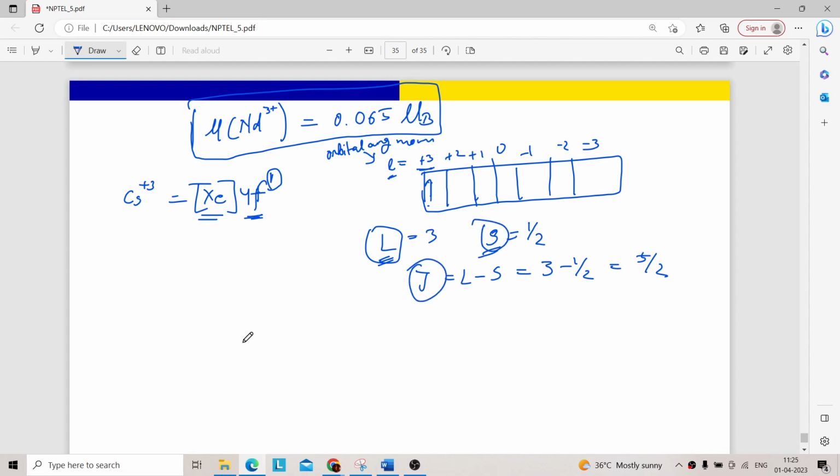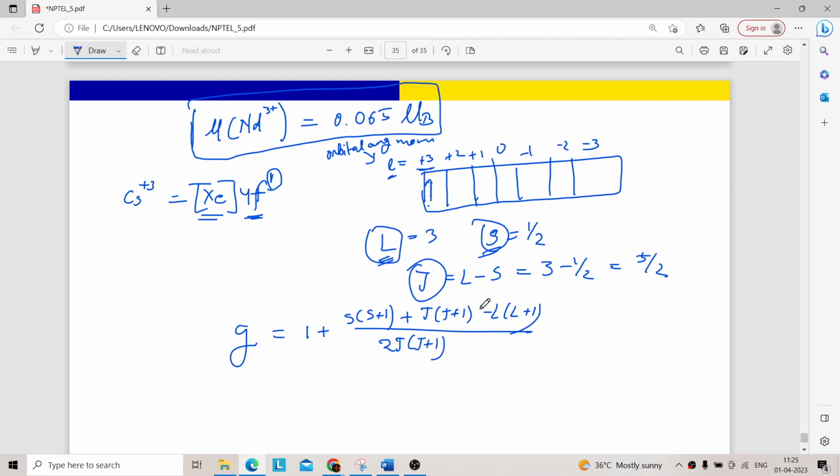Then we can calculate the Landé g factor. g is 1 plus S into S plus 1, plus J into J plus 1, minus L into L plus 1, divided by 2 into J plus 1.